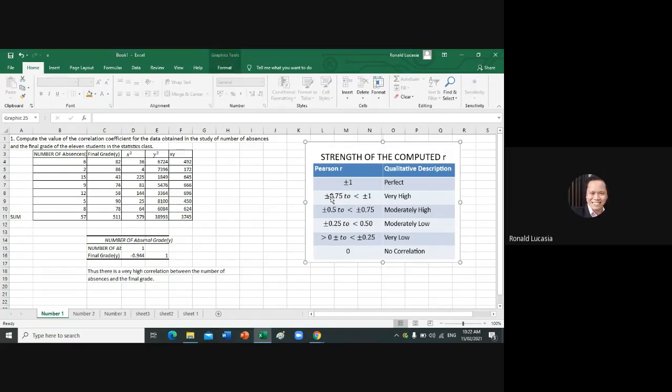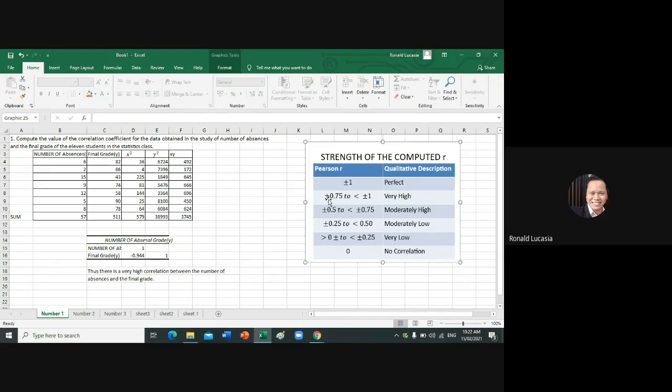You just get the absolute value. Kasi look at this one. That's negative. It's still under this. Kasi less than 1 greater than 0.75 or negative 1 and then from negative 0.75.